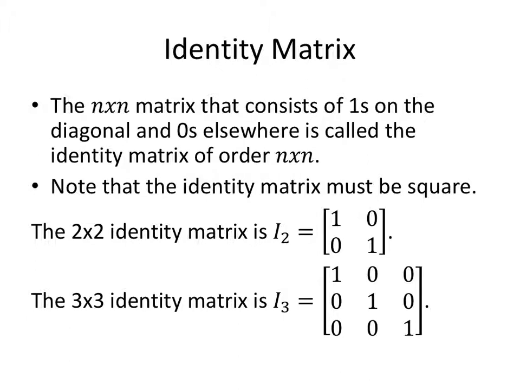This is called the identity matrix of order n, or n by n. It's always square, and we'll call it I sub 2 for a 2 by 2 identity matrix, I sub 3 for a 3 by 3 identity matrix, and so on.